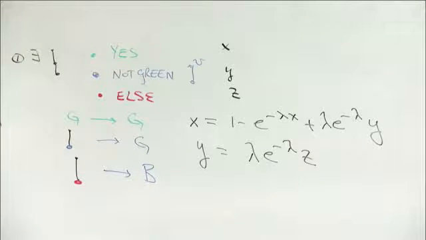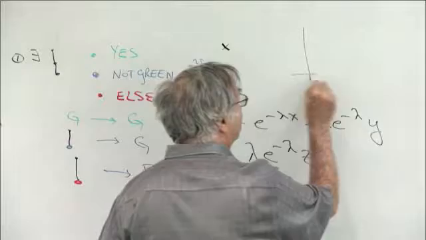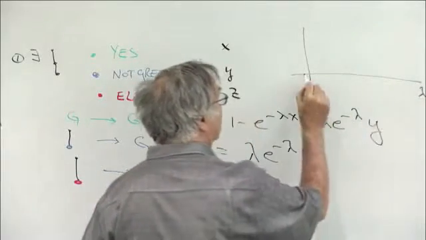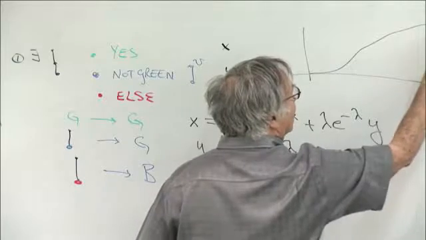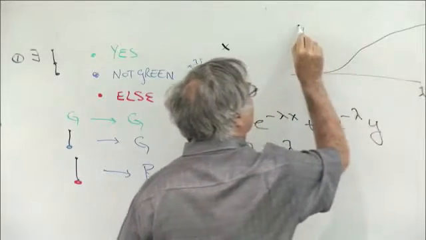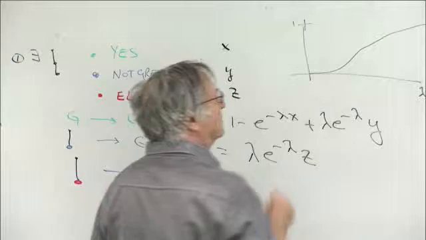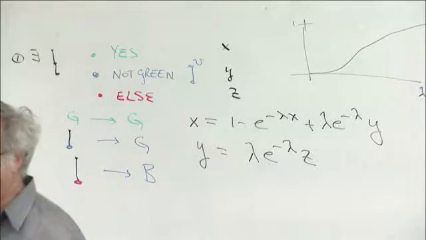Well, this can be solved implicitly. There's not an explicit solution, but you know there's a solution, and here's lambda. Actually, I think it goes up. I'm pretty sure it keeps going up. It's some kind of smooth solution.